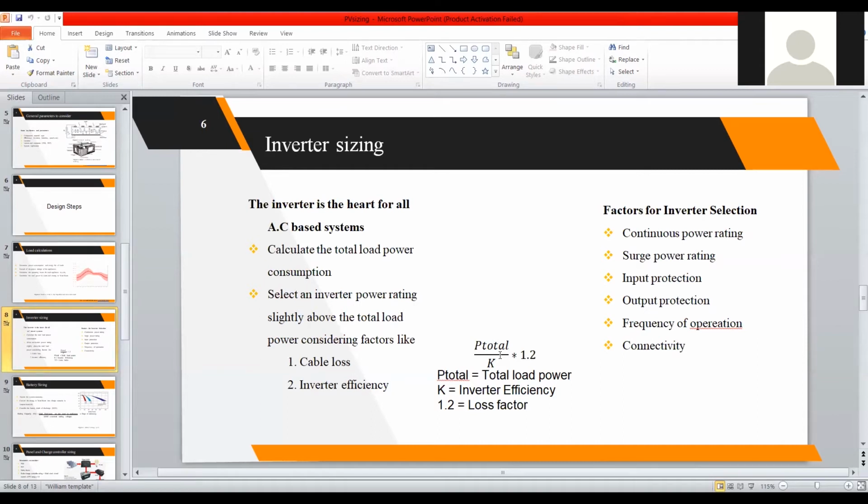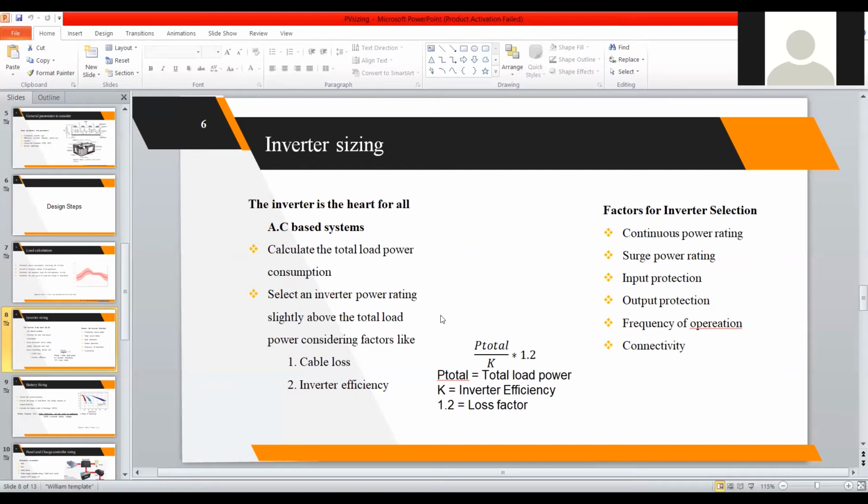So you want to consider that as well. If you know the inverter efficiency, and you consider a factor due to losses, in this case the 1.2 factor, you then use the formula to find the inverter size.